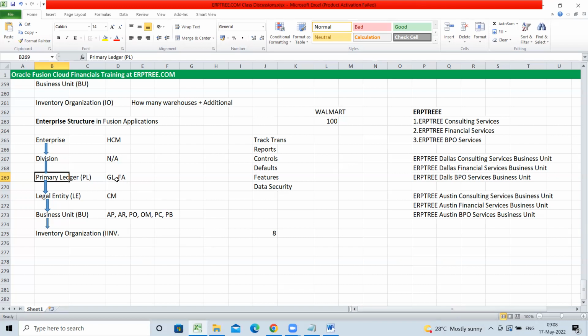The real business transactions you record in the subledger applications only, at BU level. If you want to pass any adjustment entries directly, you can pass them within the GL with the help of the primary ledger.